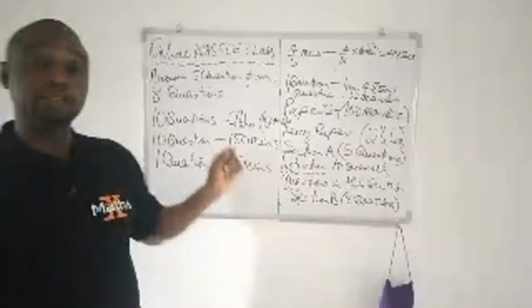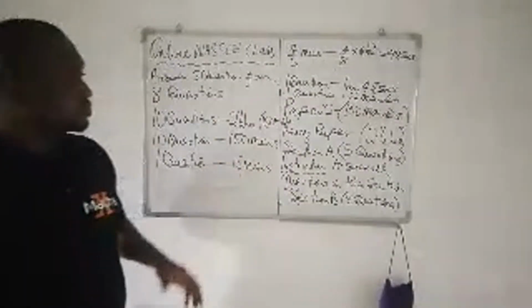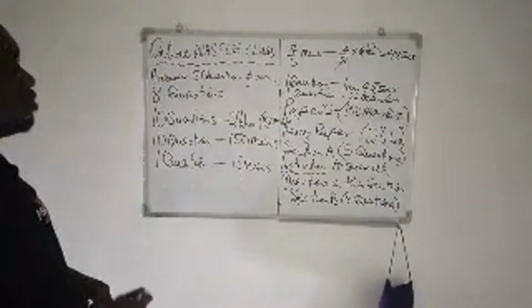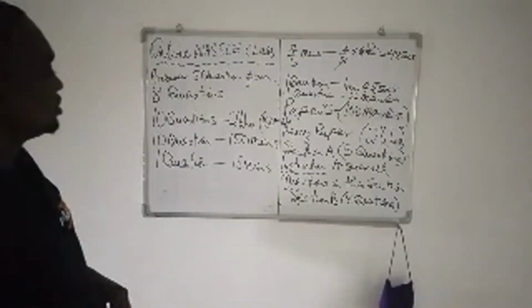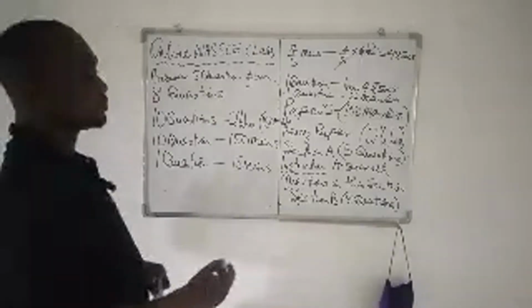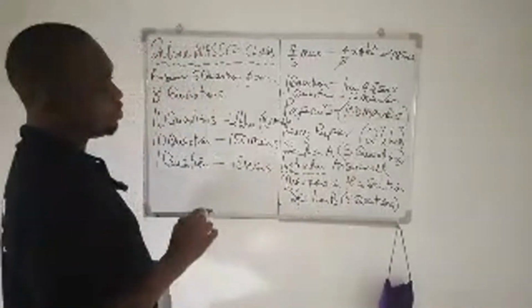Then total time allotted for paper 2, which is a theory paper, is 150 minutes, which is 2.5 hours. So that you know that every question should be 15 minutes. Of course, there is something I want to say also.